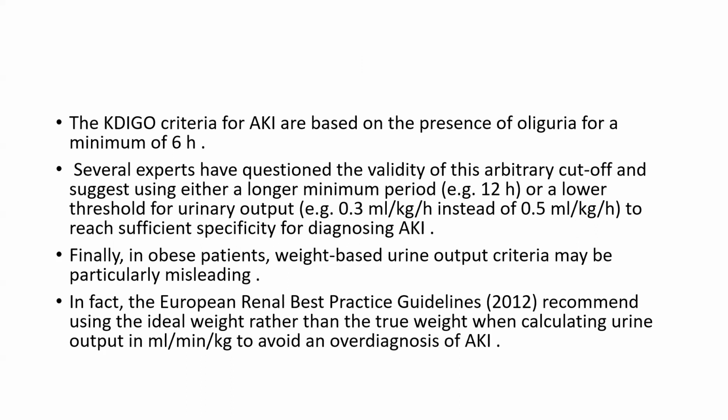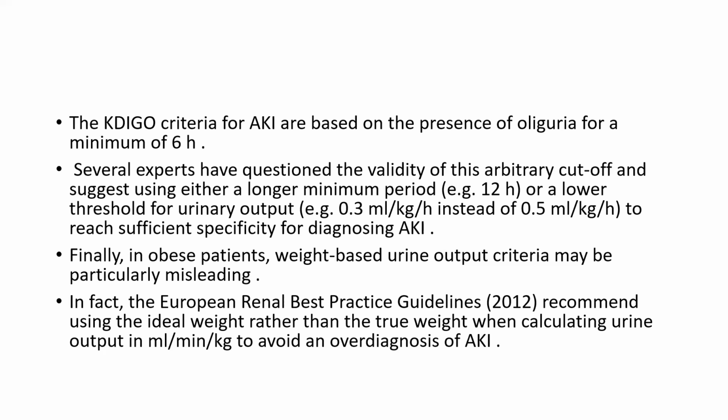The criteria for AKI are based on the presence of oliguria for a minimum of 6 hours. Several experts have questioned the validity of this arbitrary cutoff and suggest using either a longer minimum period, that is at least 12 hours, or a lower threshold for urinary output, that is 0.3 ml per kg per hour instead of 0.5 ml per kg per hour, to reach sufficient specificity for diagnosis of AKI.